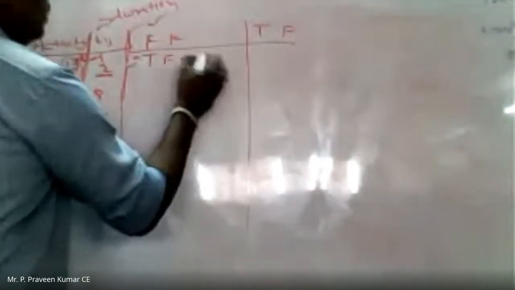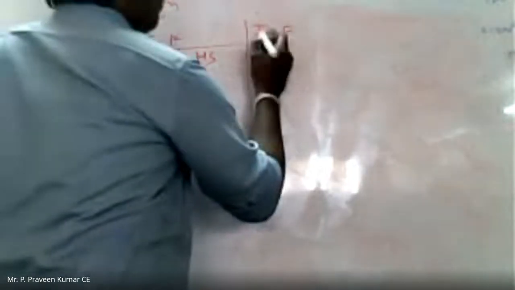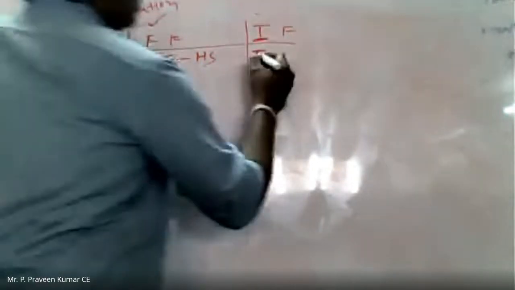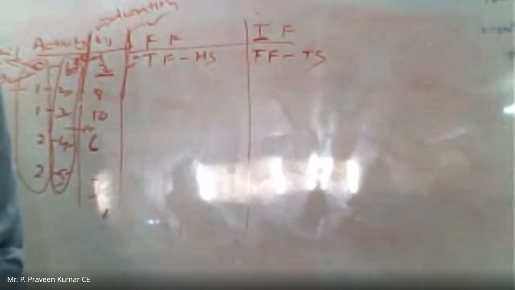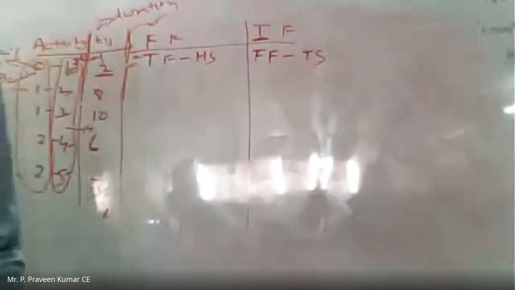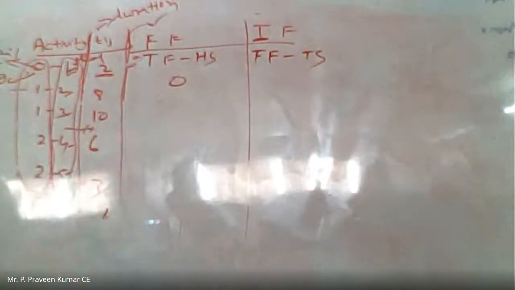Total float minus head slack. Then independent float: FF minus tail slack. Already we found all of this, HS, TS, TF, everything, right? Now TF is 0 minus 0, 0. You can observe in the table.